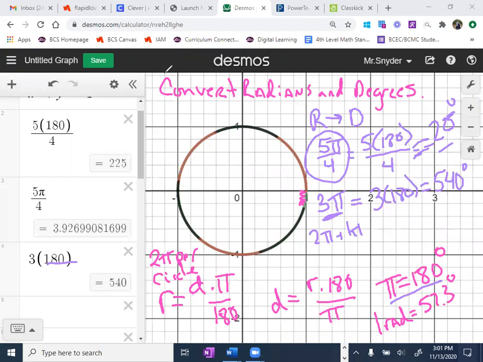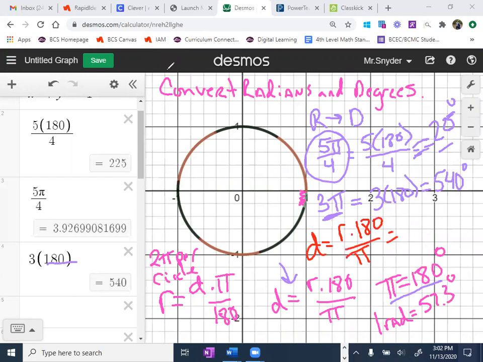Now, I do have these nice little formulas over here, and these formulas can still be used. So let's quickly change radians to degrees using one of these formulas, if you like to use them. I'm going to use this one where it says degrees equals radians times 180 over pi.